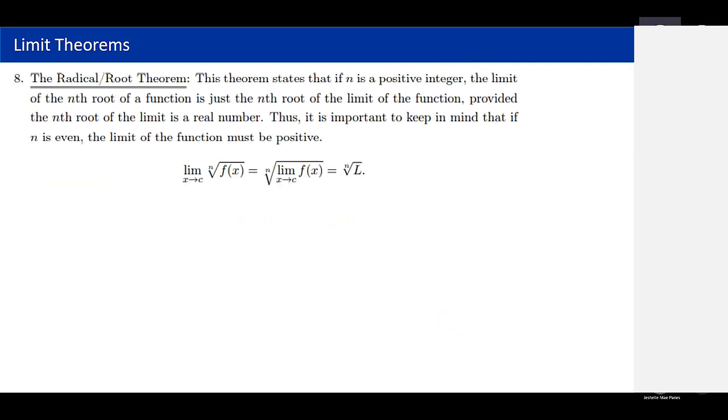For the last theorem, the radical or root theorem, this theorem states that if n is a positive integer, the limit of the nth root of a function is just the nth root of the limit of the function. So, kung square root yan siya, sa square root pa rin tayo. Sa limit tayo mag-square root, doon sa L. Okay, the nth root, pansin nyo na this one, the limit of the nth root of f of x is equal to the nth root of the limit of f of x.